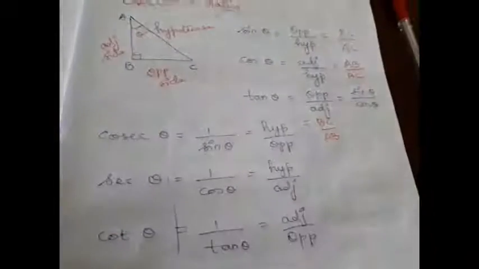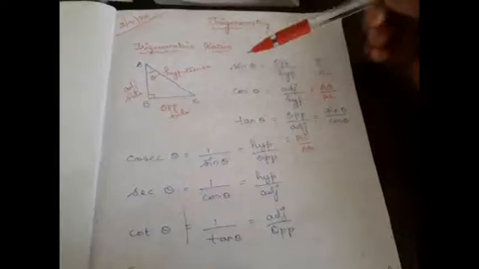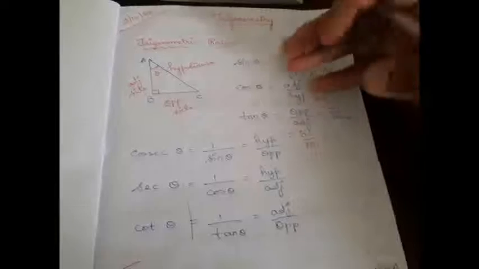And one more thing here is, if you know any one of these 6 trigonometric ratios, we can very well find the remaining 5. How is it possible? Suppose you know the sin theta value of a triangle. Sin theta tells which angle we are talking about, the opposite side measurement and the hypotenuse measure.